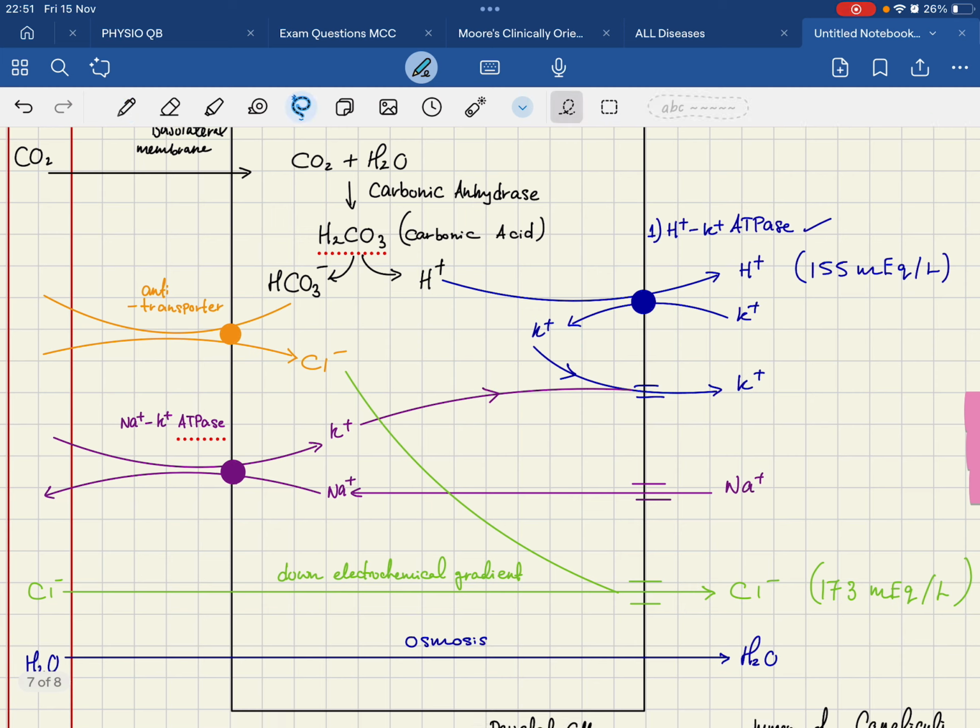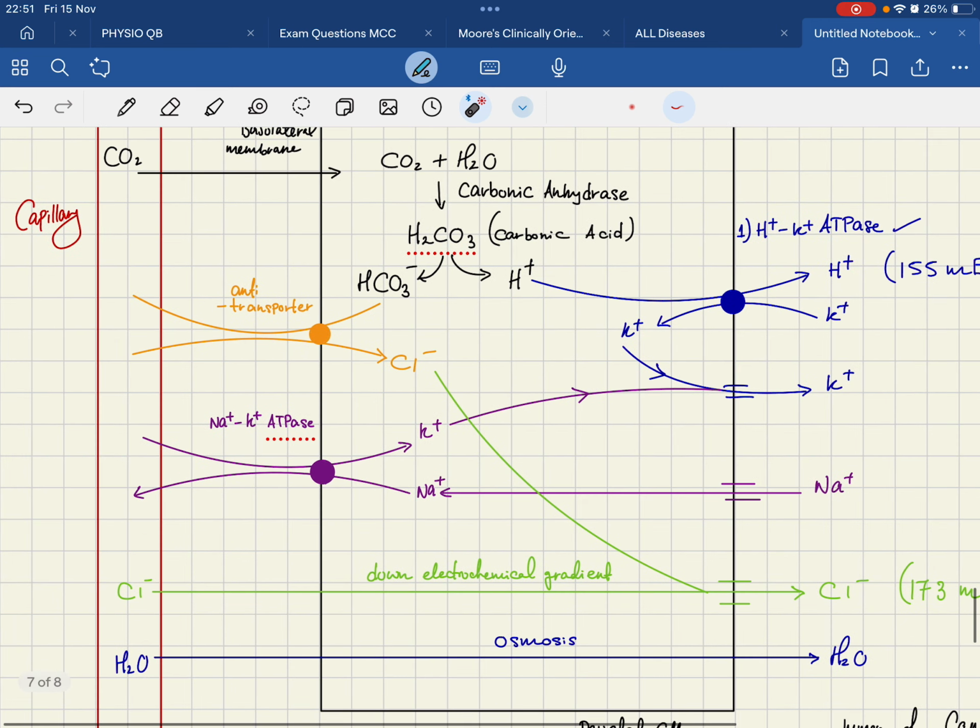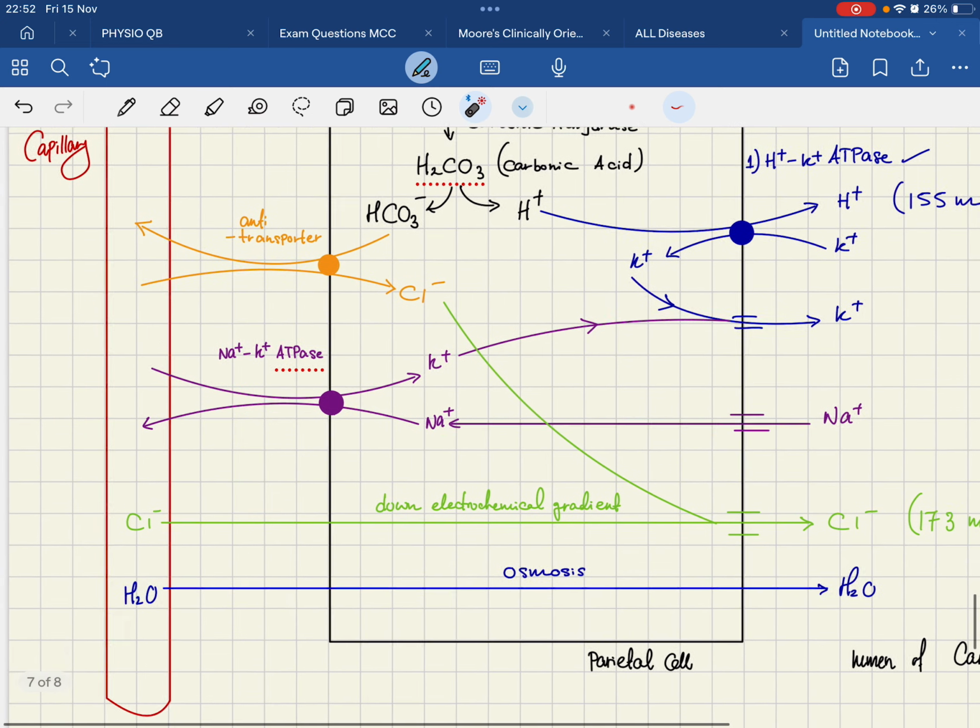Now for the bicarbonate ion: it will be excreted out of the parietal cell into the capillary in exchange for chloride ion.